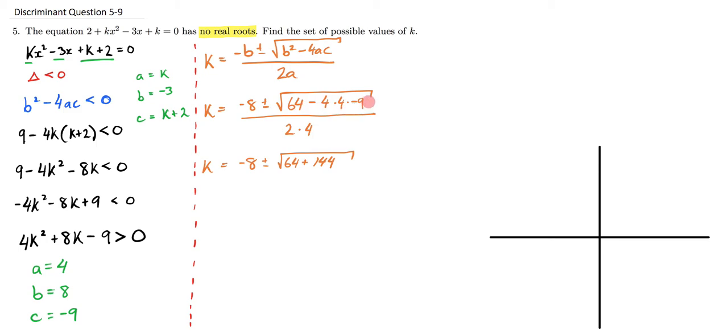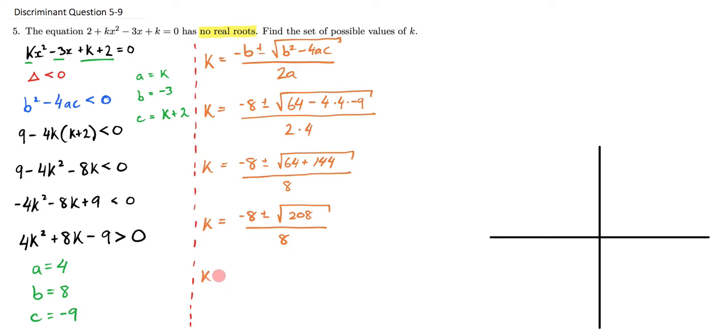This is where mistakes would happen, and it's very easy for it to happen there. 2 times 4 is 8. So that means I'm going to get k is equal to minus 8 plus or minus the square root of 208 over 8.